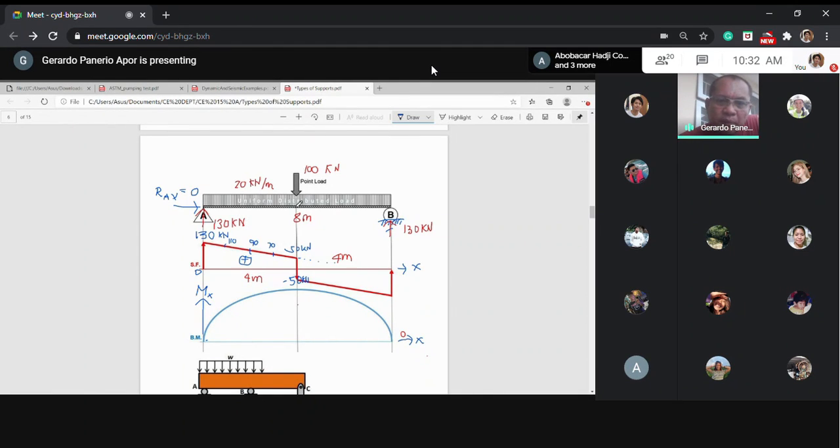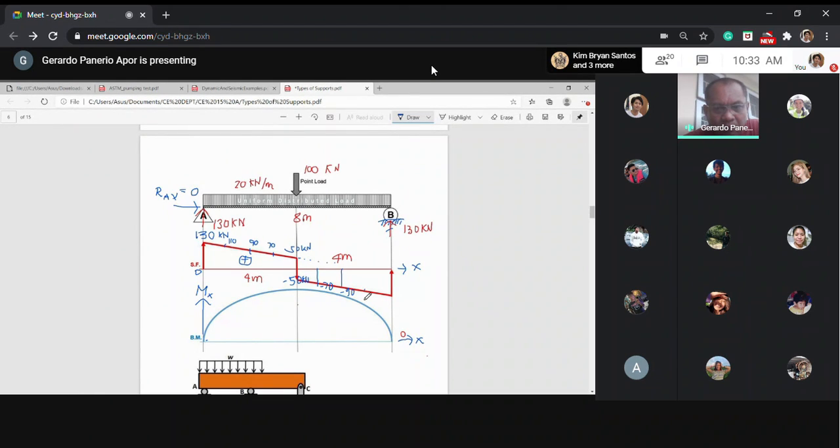And going from the midspan to the other end, it takes 4 meters. So every meter there is negative 20, negative 20, negative 20. So the first meter it will become negative 70. That is the height from this point up to that. And here and there, negative 70 minus 20, that's negative 90.